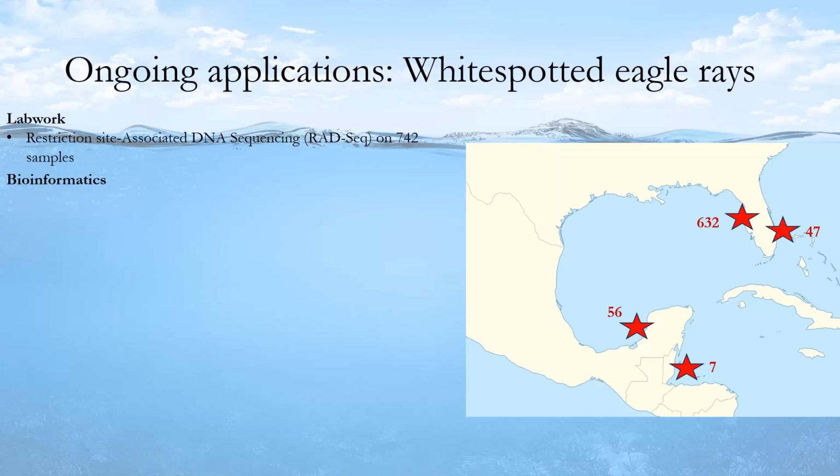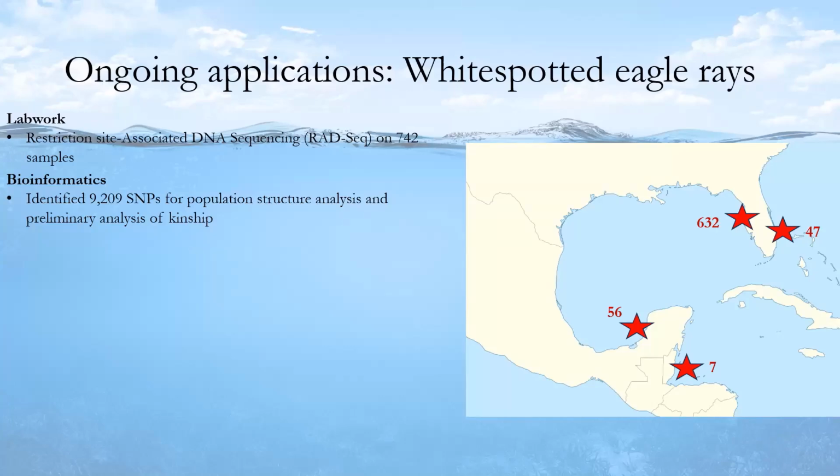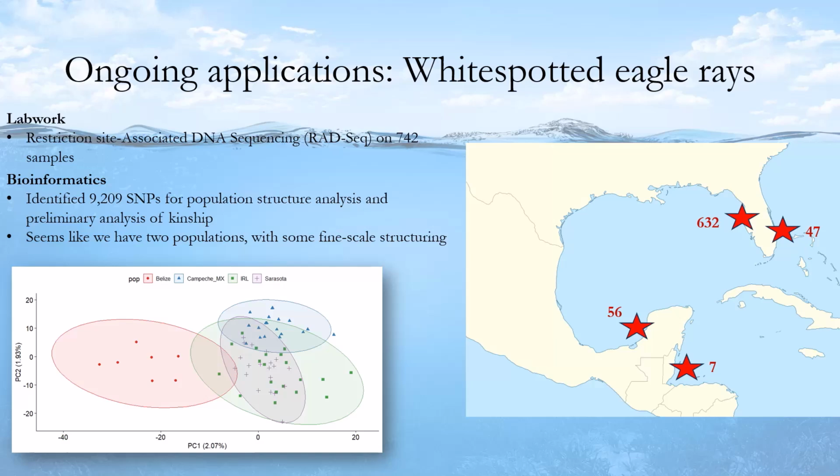And then recently I've been working on the bioinformatics and have identified a little over 9,000 SNPs for population structure analysis and a preliminary analysis of kinship. I'm still honing the kinship analysis a little bit. We don't necessarily want to use the same SNPs for both purposes, but we can get an idea of what we're looking at anyway. And so for the population structure analysis, it does seem like we have two clear populations.